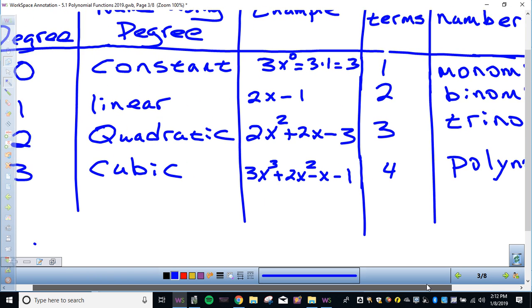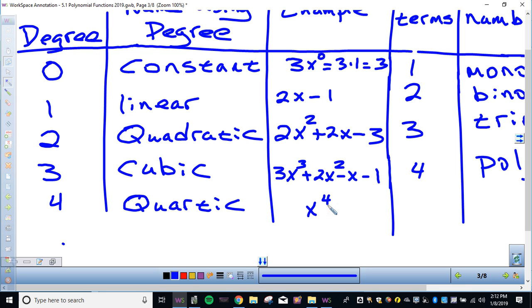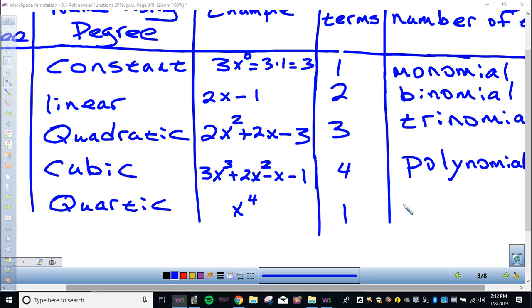Okay, 4th degree is quartic, 4 quarters in a dollar, quartic. So I'm going to get lazy and just write x to the 4th, 1 term, monomial.